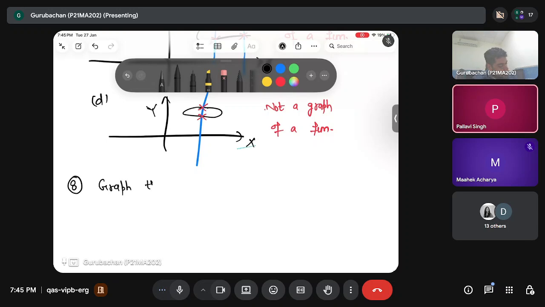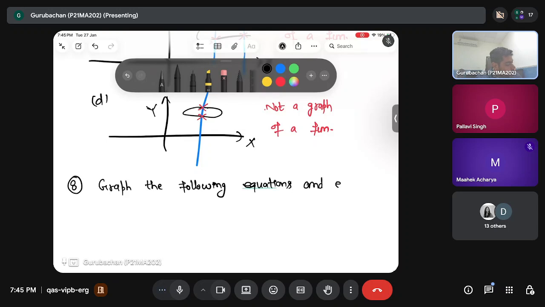Next, graph the following equations and check whether each is a graph of a function or not.